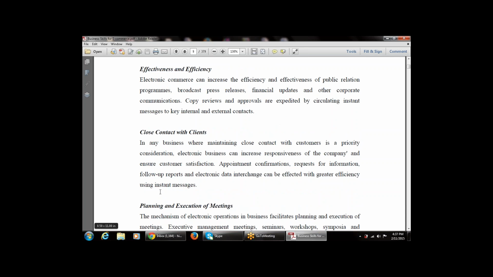That is a mechanism of electronic payments, that is, the electronic operation in business facilitates planning and execution of meetings. Whenever we use e-commerce in business, it also facilitates planning and execution of the meeting.